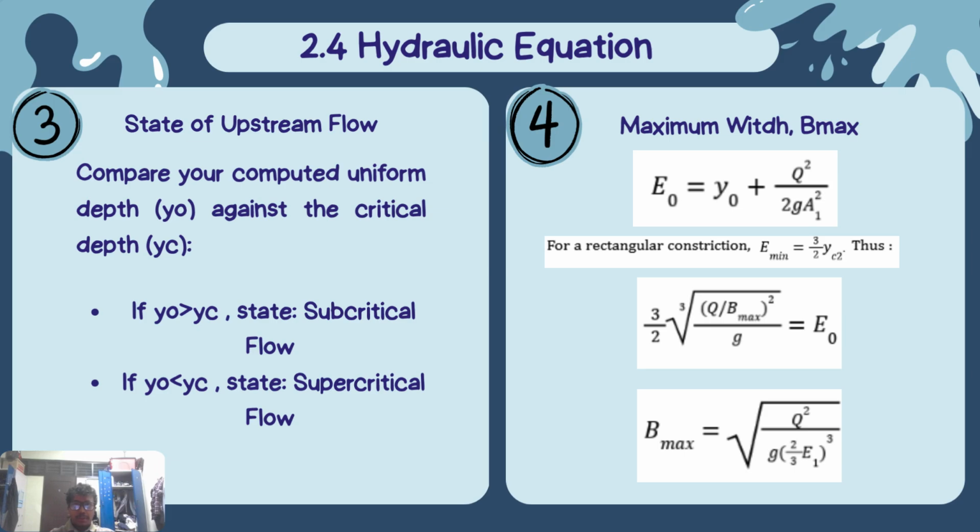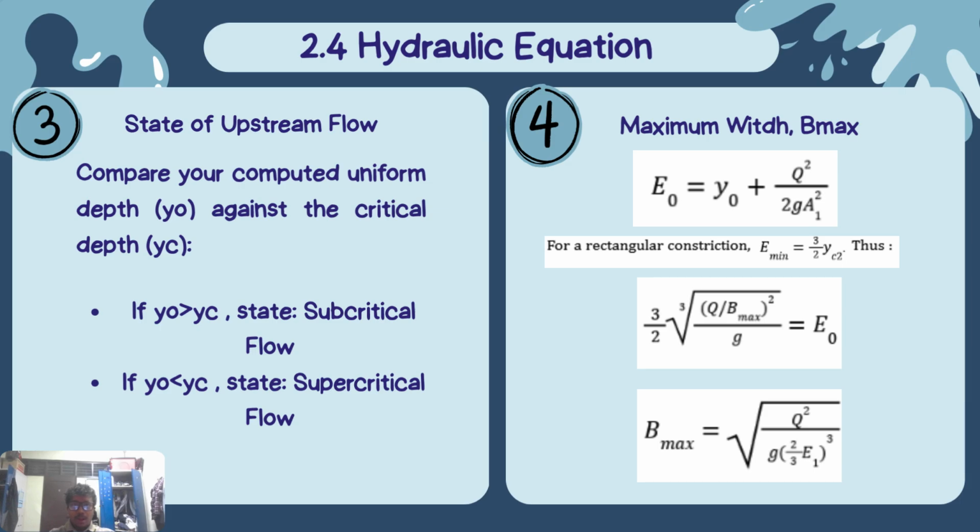And number 4 is the maximum width Bmax. The formula is E0 equals Y0 plus Q squared over 2gA1 squared. For a rectangular constriction, Emin equals 3 over 2 Yc.